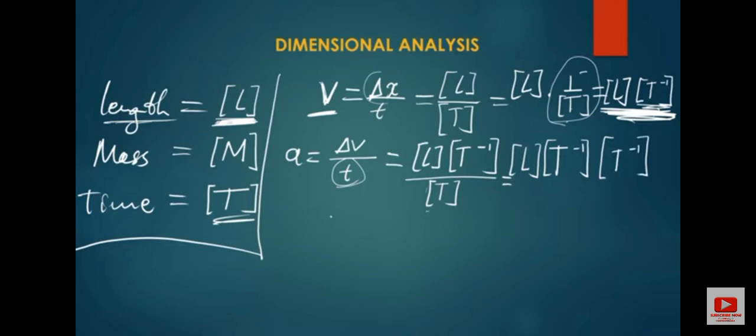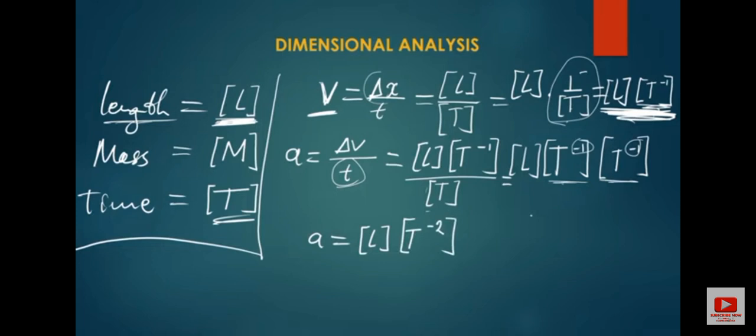Yeah, so whenever you are multiplying two indices with the same base, what do you do? You add the powers. So let us add the powers there. So we have L, and then we have T there. We add the powers negative 1 and negative 1 there. When we add, we get negative 2. So these are the dimensions of acceleration.